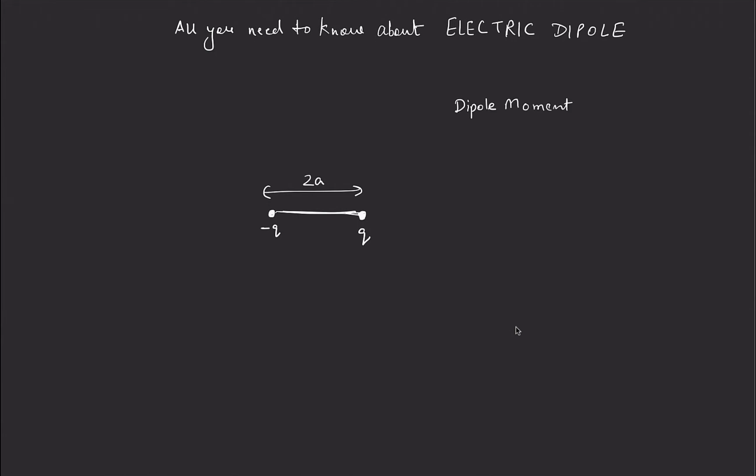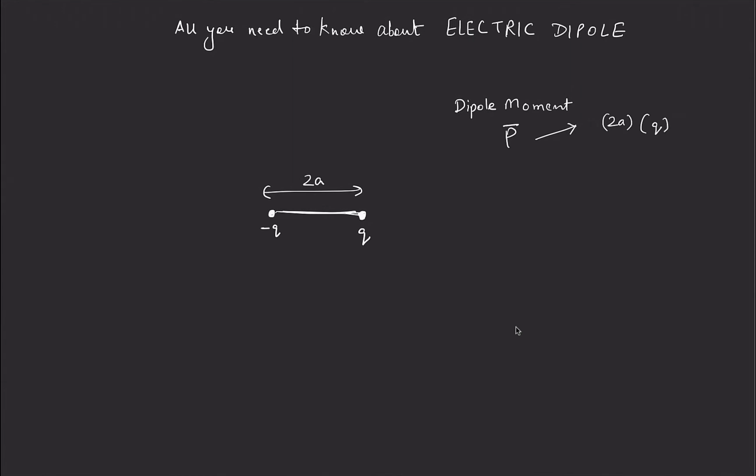So dipole moment is a vector quantity denoted by p vector, and the magnitude of this vector is basically the distance between the negative and positive charge, which is 2a, multiplied by the magnitude of the negative or the positive charge.